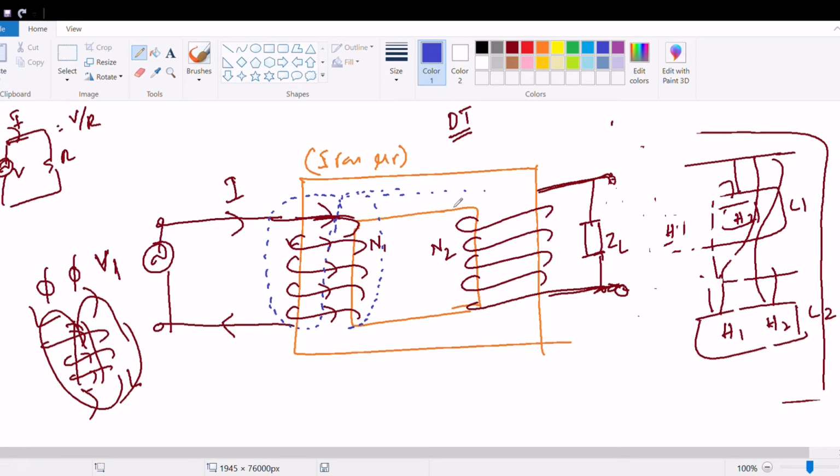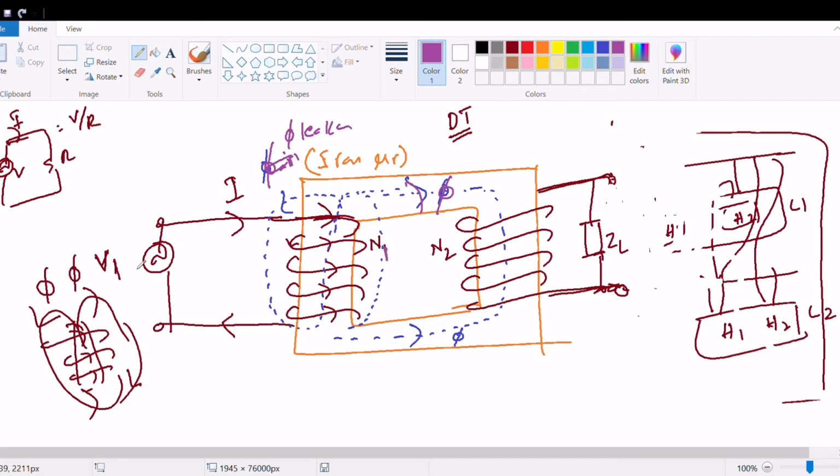We already discussed this flux flow. Most of the flux flows through the low reluctance path, which is the iron path. Some of the flux flows through the air, which is not useful, and why it is not useful, we will see. This is the air gap flux or leakage flux. This is the useful flux, which flows through the core.